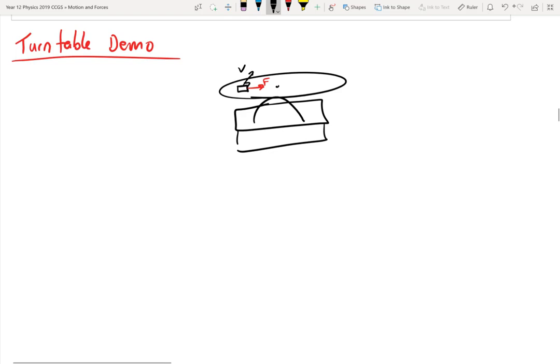Obviously, the turntable's there, and I've just got a piece of wood with a scale every 5 centimeters marked from the center. But before we jump into stuff, I've got to find the center again, there he is. Remember I said, centripetal force is not a real force.